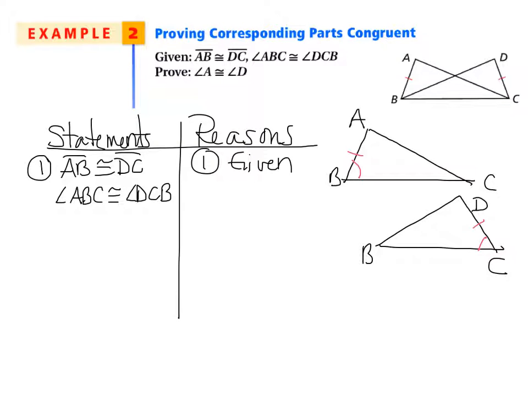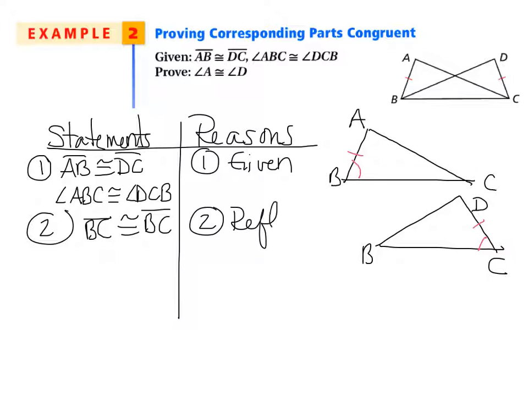So I've already written down the given. As you can see, we already have side AB and segment DC and two angles. So we need to have either another angle or another side. Well, looking at the picture, we can say that segment BC is congruent to itself because of the reflexive property.